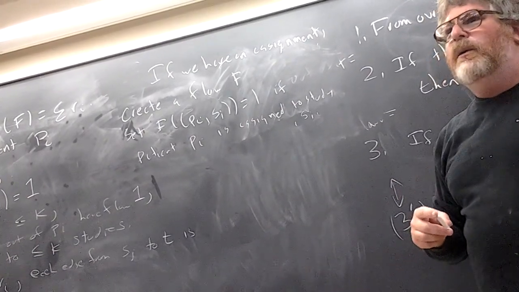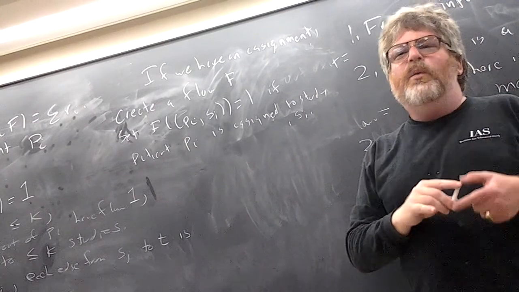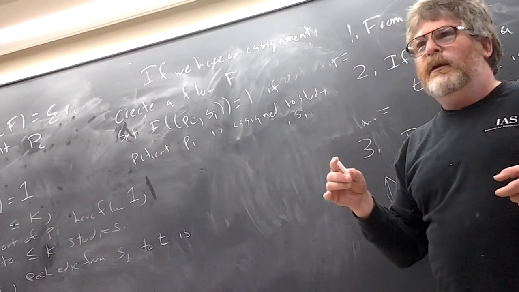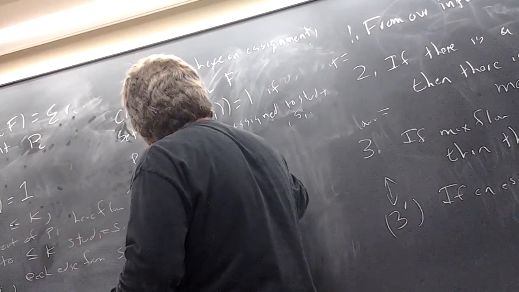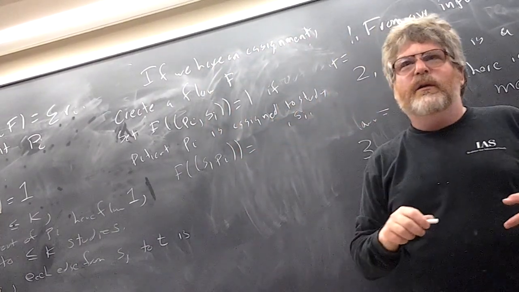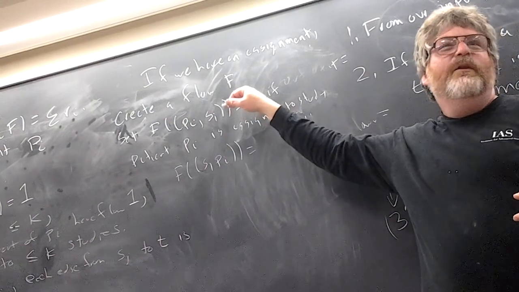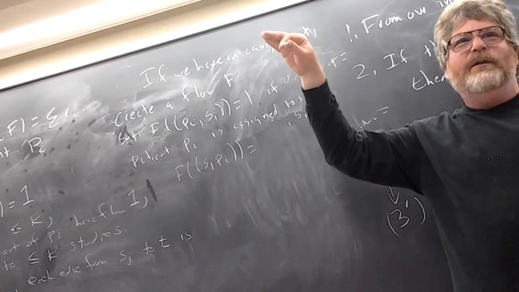How about the other edges? To make it a flow, we have the source to PI. How much flow do we have to send from S to PI? We have to balance the incoming, so this is our rule for when we're sending flow across that edge in the middle.